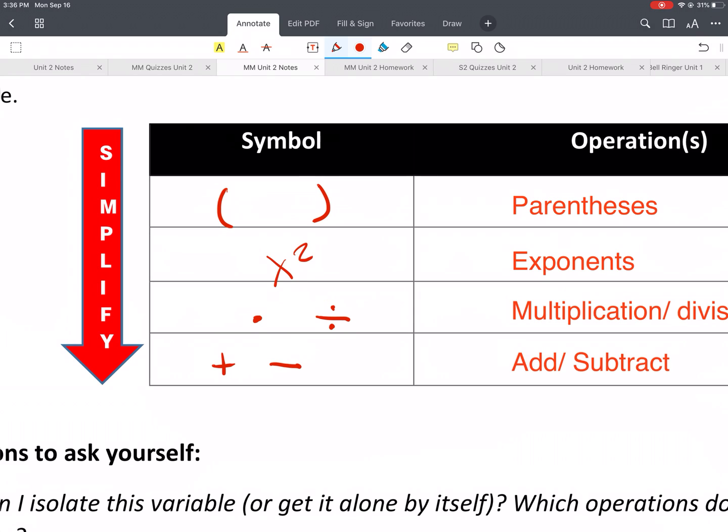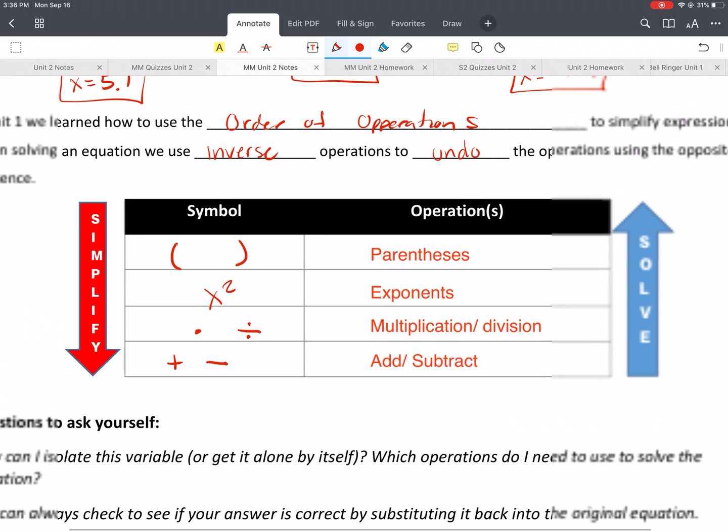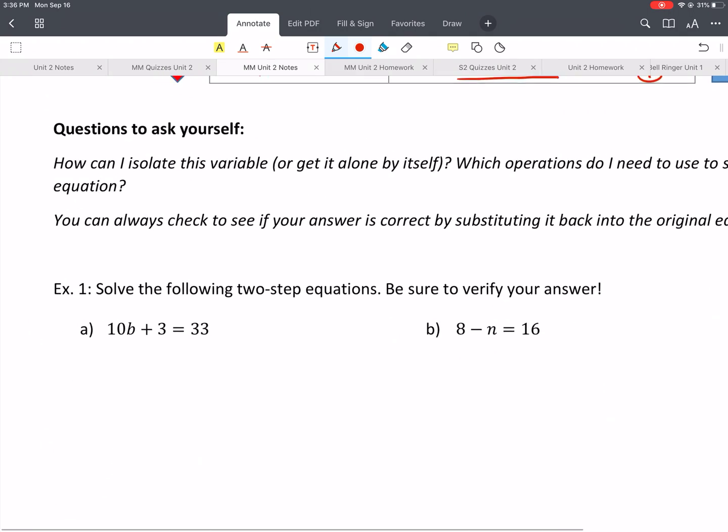If multiplication comes first, then we'll do multiplication. But when we are solving, we will go backwards. We will do the adding and subtracting first, and then multiplication, then exponents if there are any, and then parentheses.